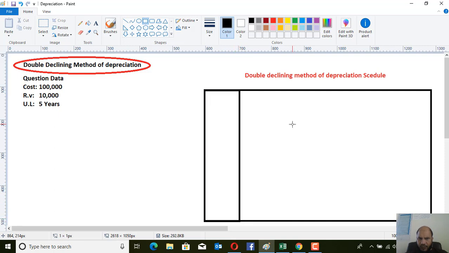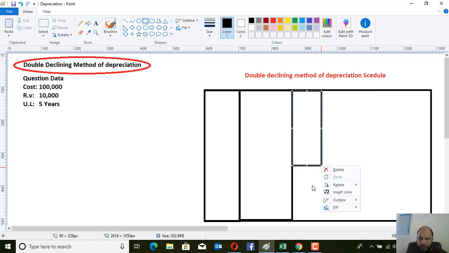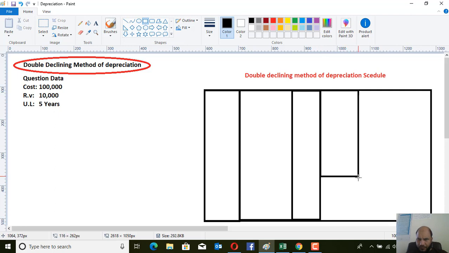This column is for the years. The second column is for the beginning book value, we may call it. The third column is for the double declining rate of depreciation. We will take that rate. The fourth column is for the annual depreciation expenses.